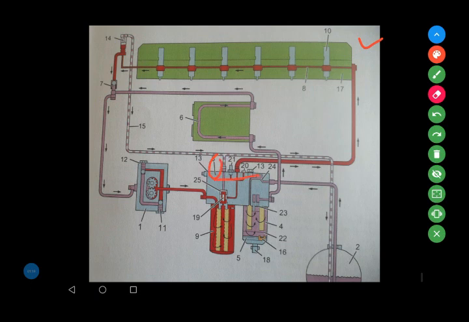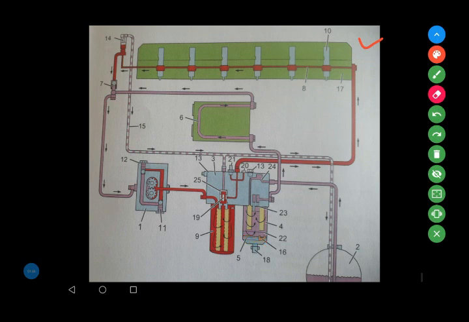This bluish area is all the filter head. Number four, this whole area is the pre-filter. Number five is the water separator or water trap.